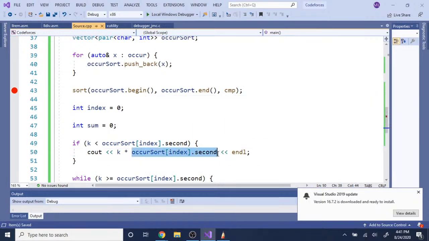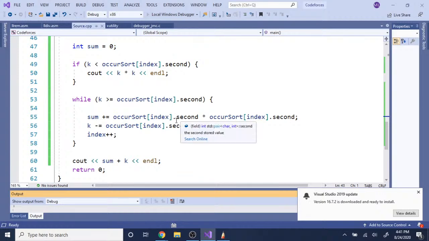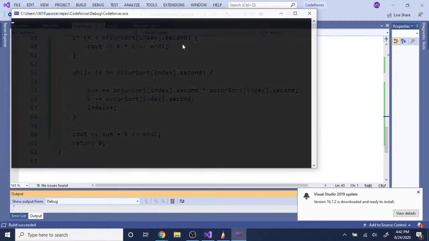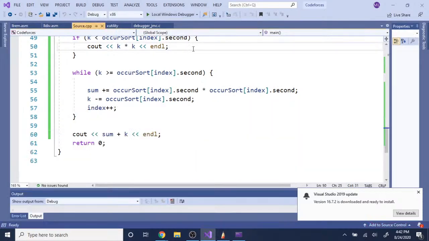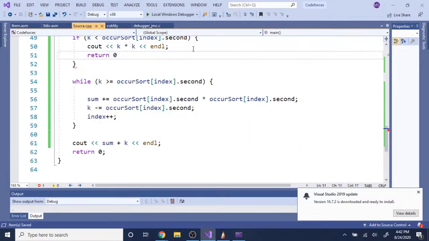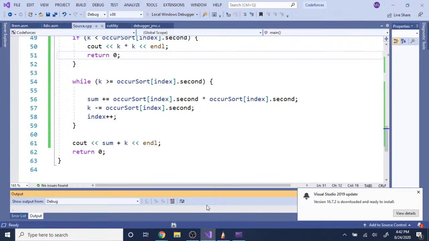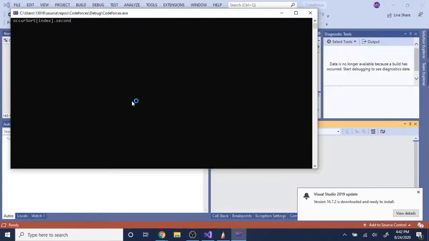Would it be k times k? Yeah, I think it would be k times k. Then let's return 0. So it should give us 225.